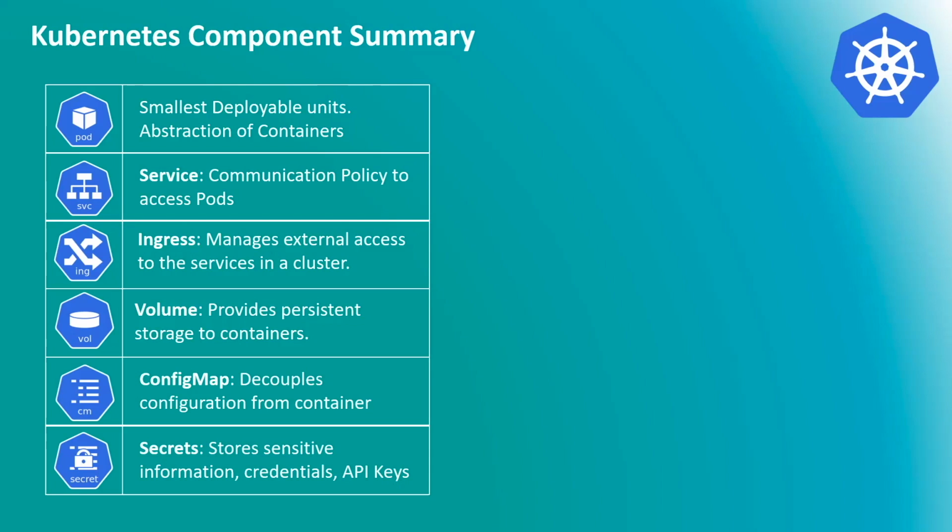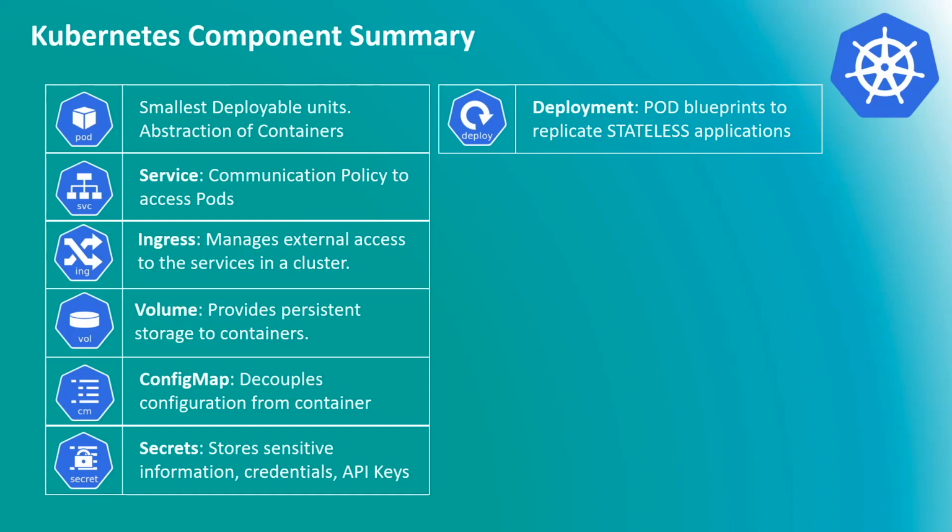You should create granular-level access control with least privilege. If you have any secrets, you should use cloud providers or external secrets managers like AWS Secrets Manager or HashiCorp Vault instead of using Secrets. We also reviewed the deployment, and deployment is the blueprint to replicate any stateless application.